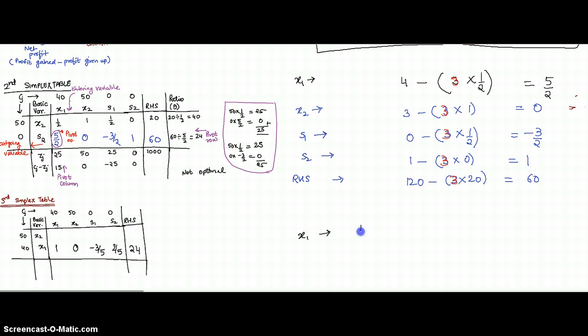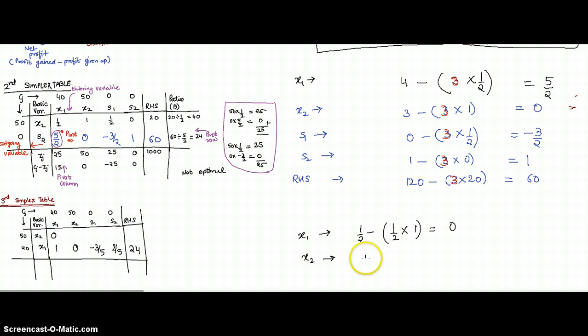The old value is half minus the coefficient of the pivot column, that is half, multiplied by the new element in the new row, this one, which is half minus half, 0. So we will get here 0 corresponding to x2.